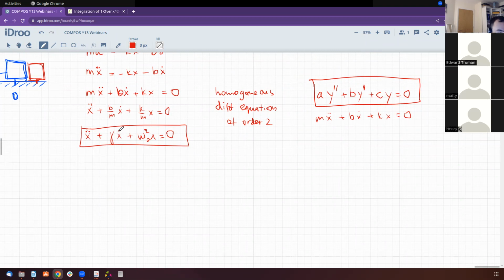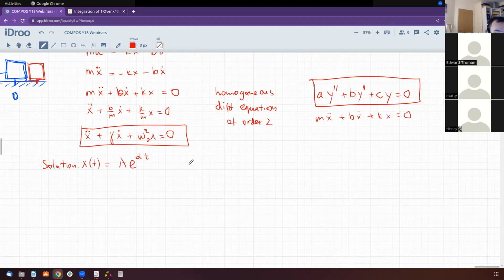The solution x of t is equal to a multiplied by e to the alpha t.